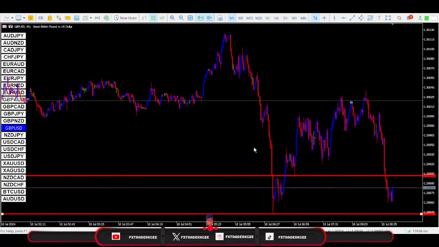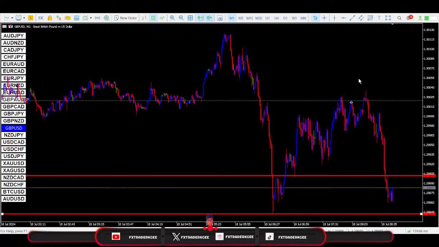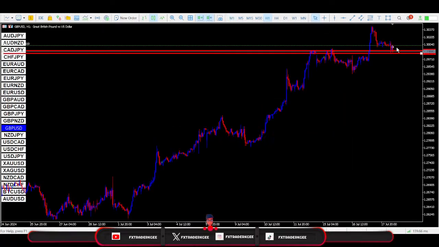If it does not, that means I am still going to be waiting for this opportunity to take place. Now see where price is actually happening from.